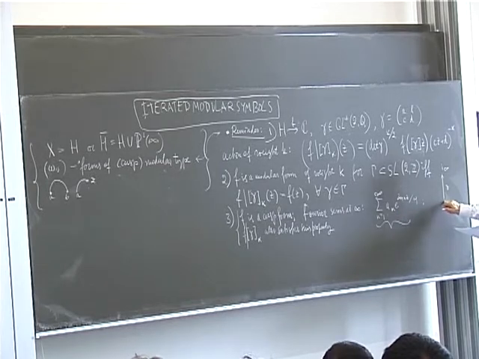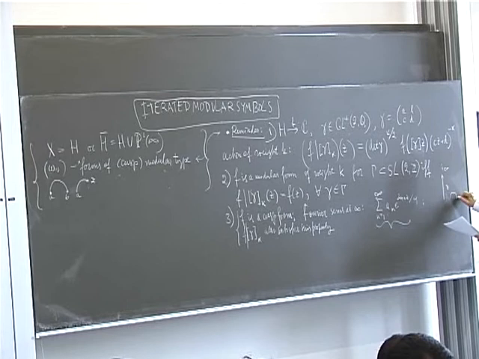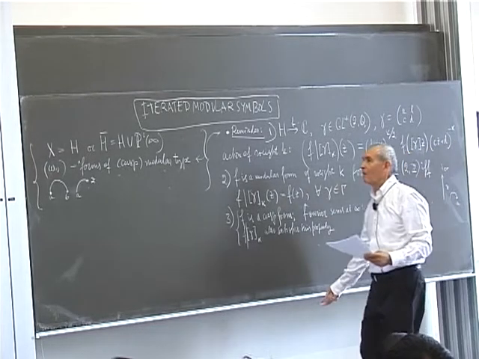Constant term could have produced a constant value of the limit, but I want the function to exponentially vanish. And the same should be true in appropriate coordinates when I'm going to any cusp. Then the form is a cusp form.